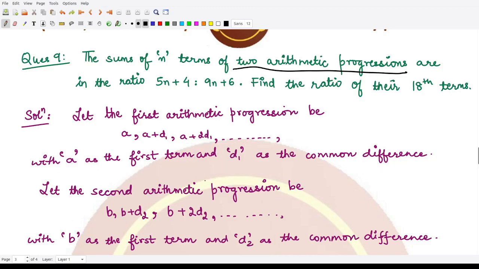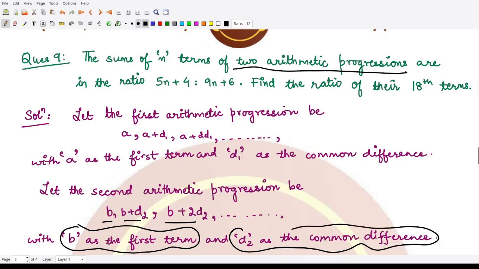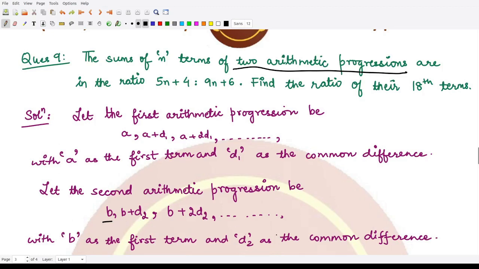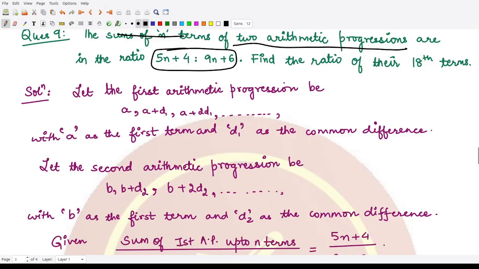Let's consider the second AP as b plus d2, b plus 2d2 and so on. So here in this case, let's consider b as the first term of the second AP and d2 as the common difference of the second AP. Correct? Okay, so once we have both the APs, now they are saying their sum is in the ratio 5n plus 4 divided by 9n plus 6.